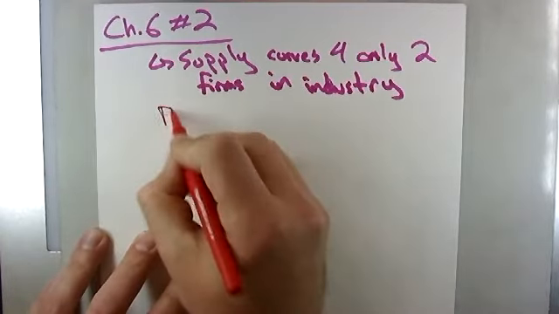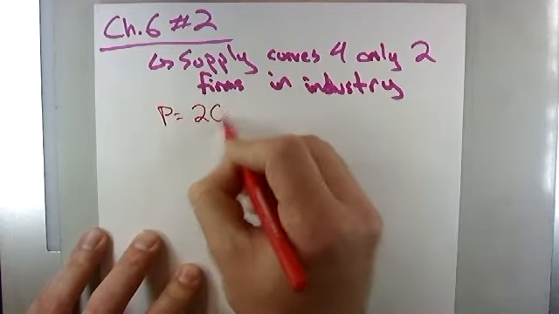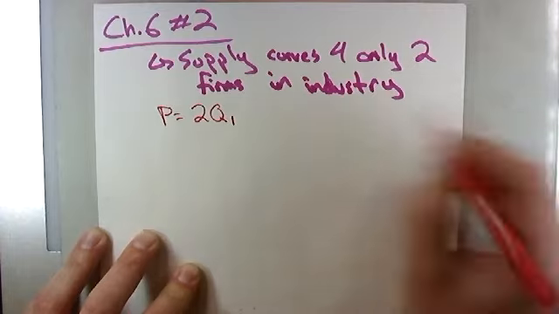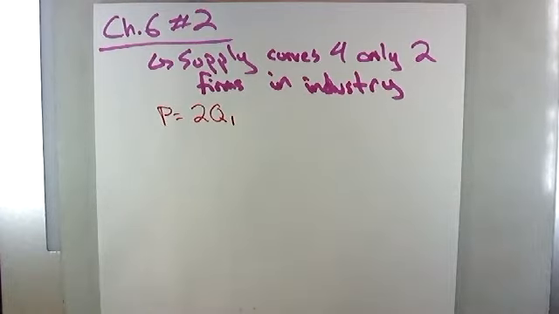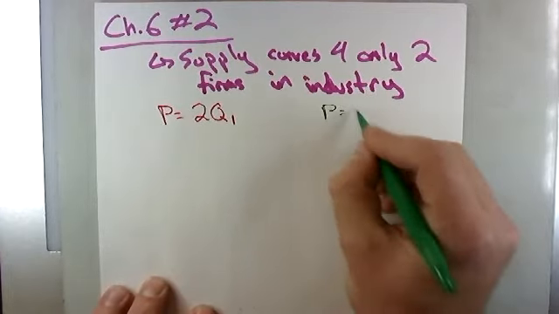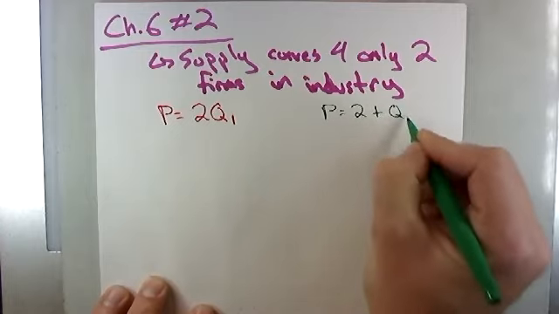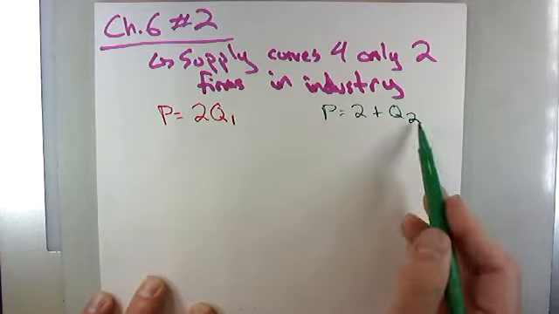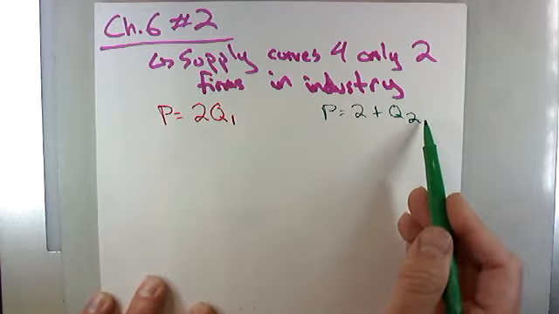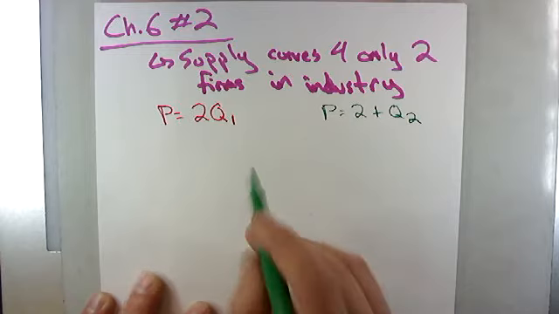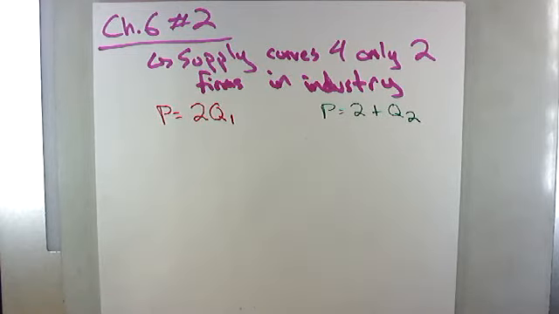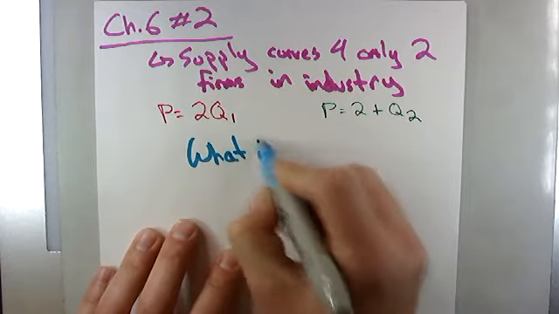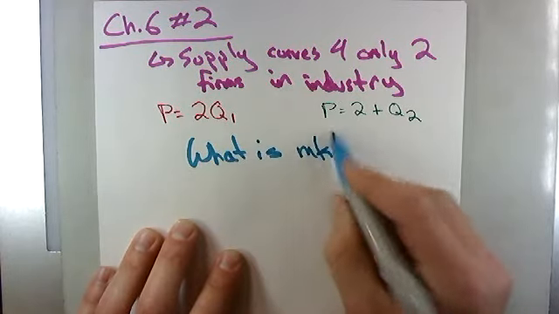We're going to have P equals 2 Q1, the quantity of that first firm, right? And then our second firm is going to be P equals 2 plus Q2. Okay, so where Q1 is the output of firm 1 and Q2 is the output of firm 2. Then we are asked, what is the market supply for this industry? What is market supply?